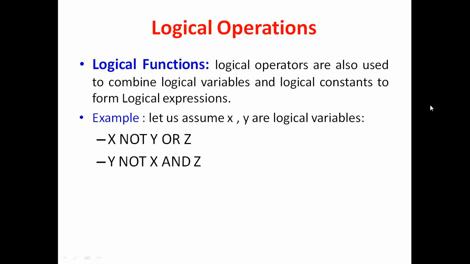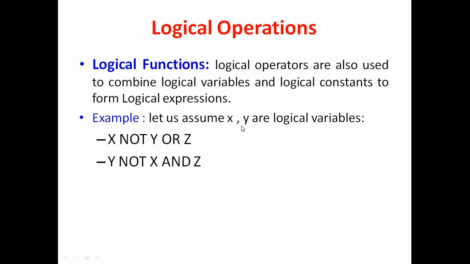So with the help of logical operators, we can combine logical variables and logical constants to form logical expressions. What are logical constants? True and false. And logical variables are variables which can store either true or false.